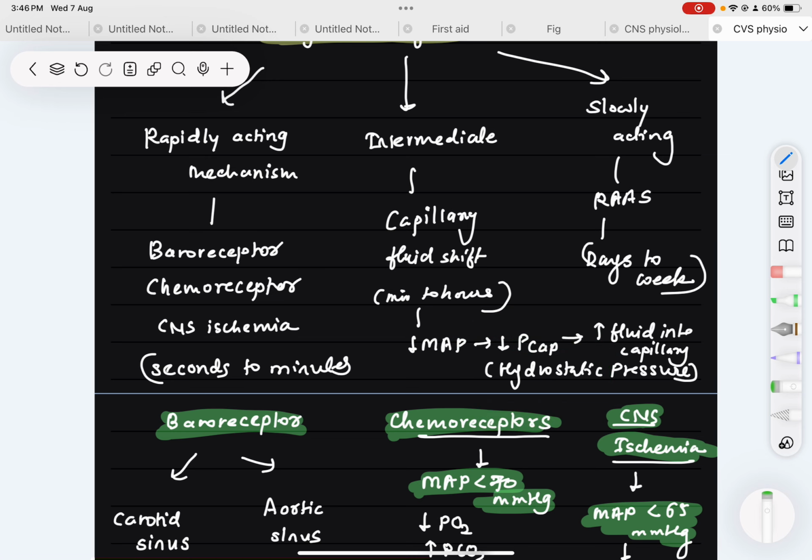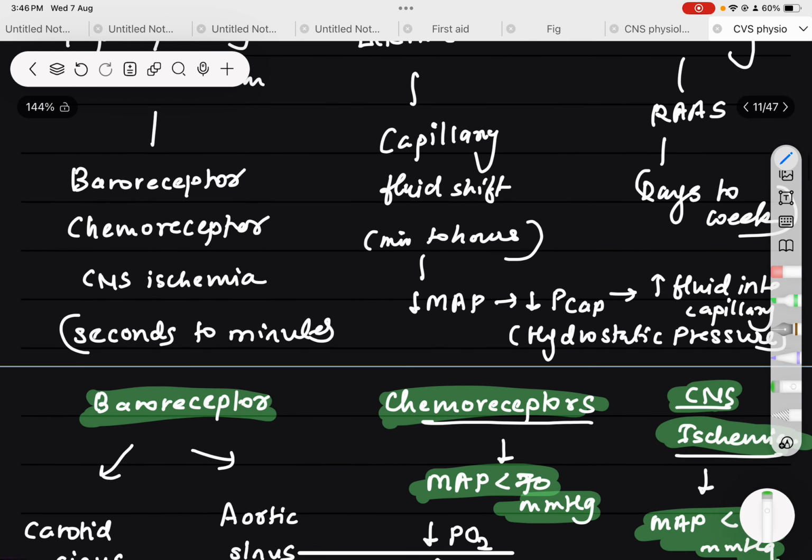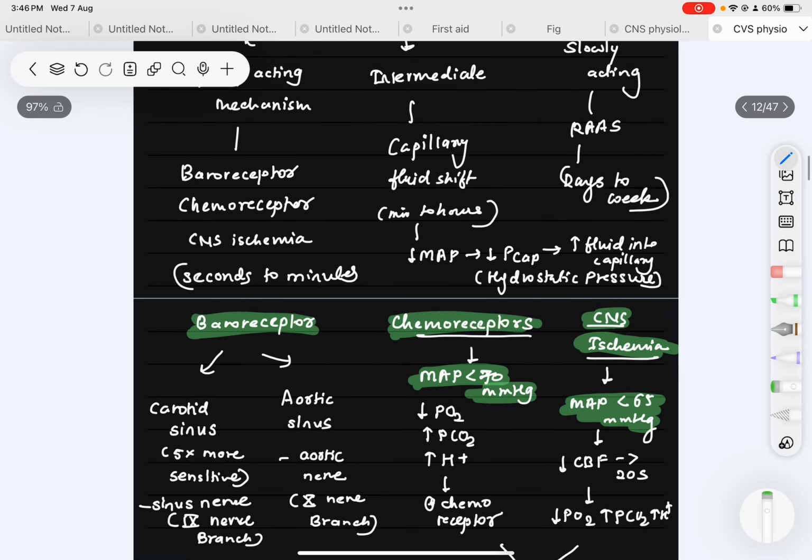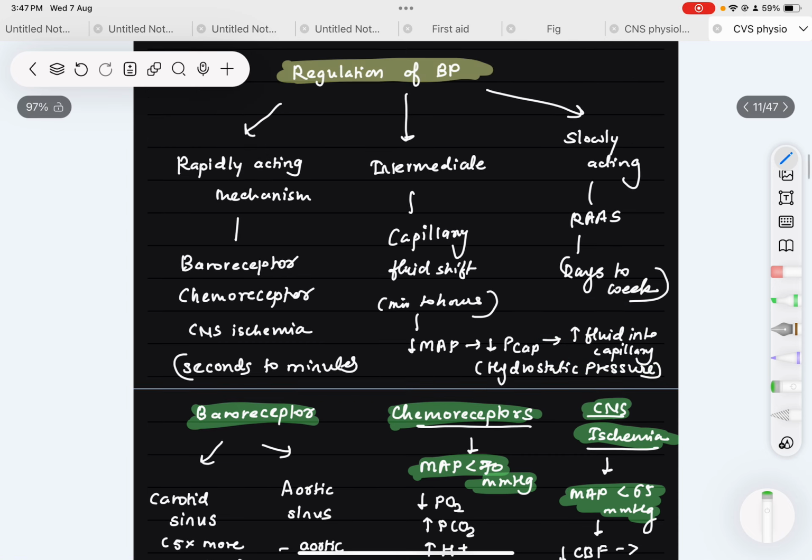The hydrostatic pressure decrease will cause increased fluid movement into the capillary from the interstitial compartment. We know that in extracellular fluid there are 2 compartments, blood and interstitial. So more fluid will come into the capillary, and that's how there is an increase in the blood pressure.